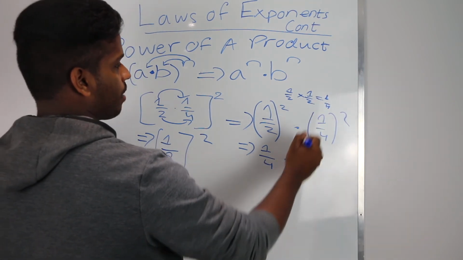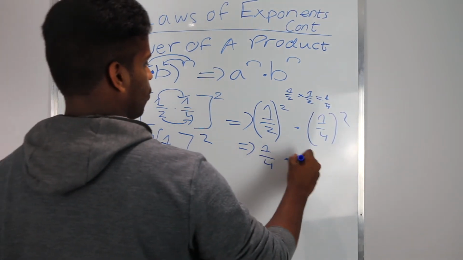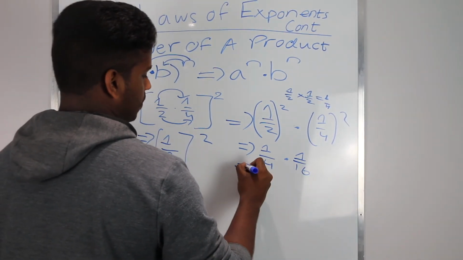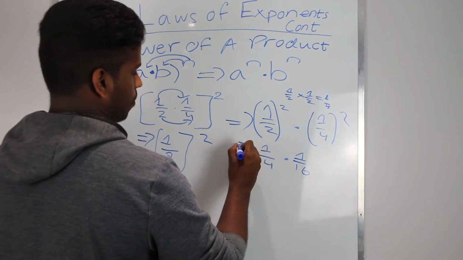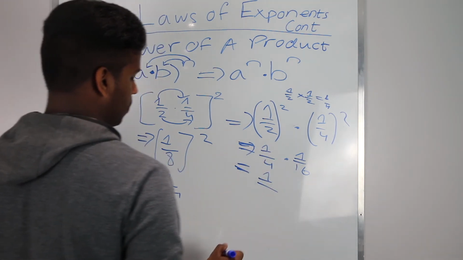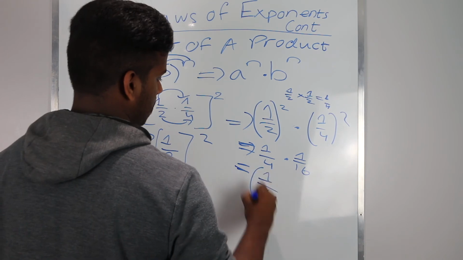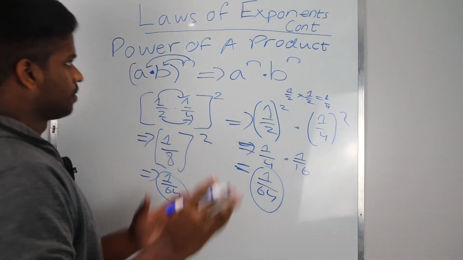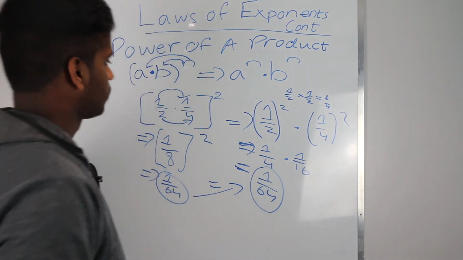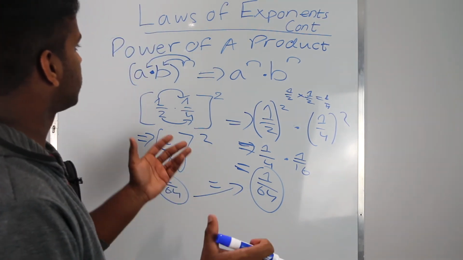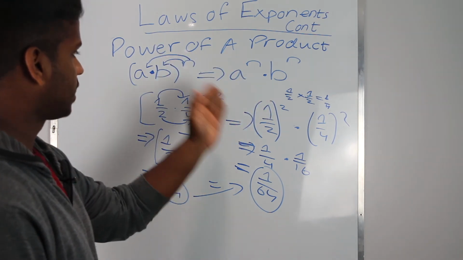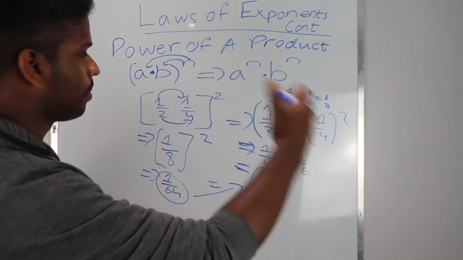And then (1/4) squared is 1 over 16. Now all we have to do is what we did for multiplying fractions: 1 times 1 is 1, 16 times 4 is 64. So we get the same answer. That proves that this law is correct, that this law works, and that it can be applied to situations like these when we're taking the power of a product.